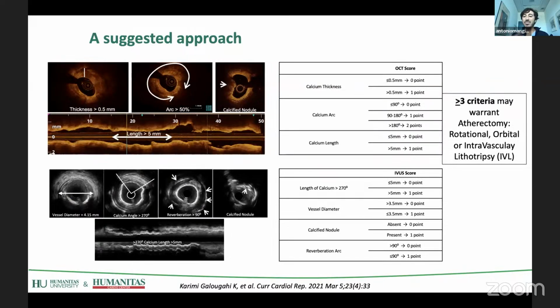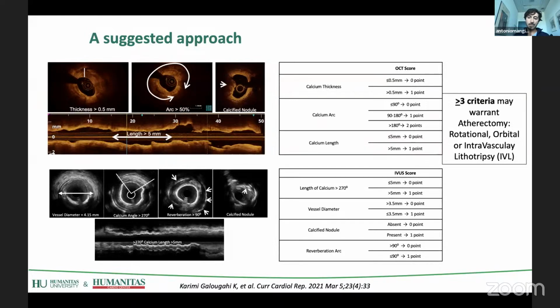I think that in some cases, these scores are a little bit boring, and they are focused on some aspects which are useful for clinical practice at the beginning, but with the passing of time and with experience, I think these can be useful, but it's something that does not give us a definite answer to what is the best tool to treat some lesions, because this intravascular imaging has one big limitation.